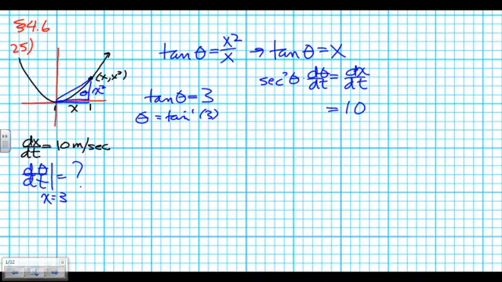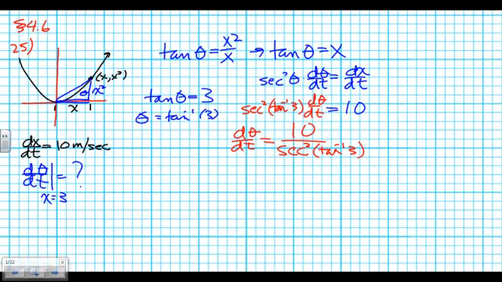The inverse tangent of 3 is equal to the inverse tangent of 3. So I'm going to put over here secant squared of the inverse tangent of 3. So d theta dt is equal to 10 divided by secant squared of the inverse tangent of 3.